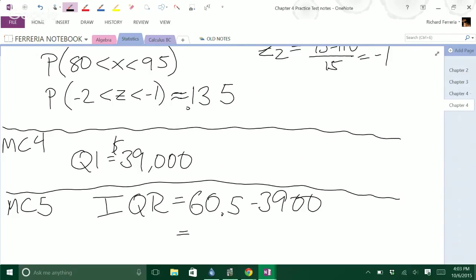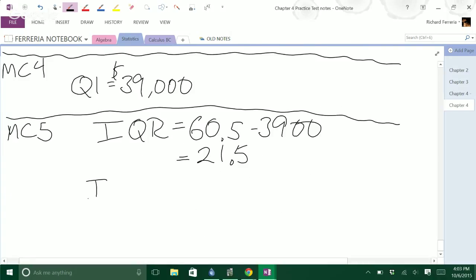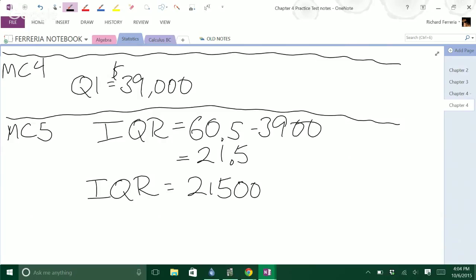That's 21.5 thousand, right? Yeah. So the IQR is equal to 21.5 thousand. That's MC5.